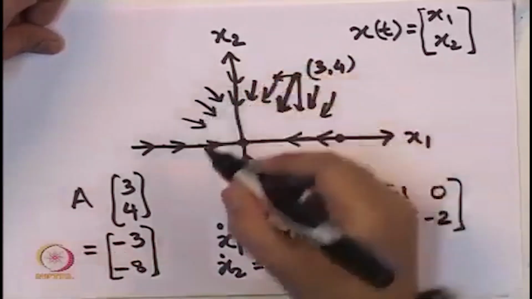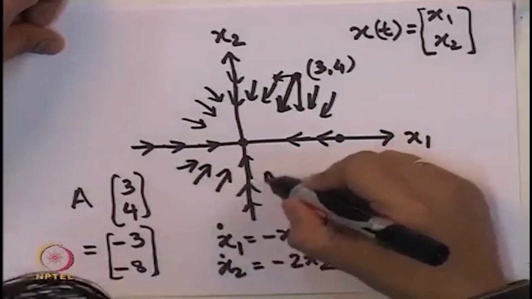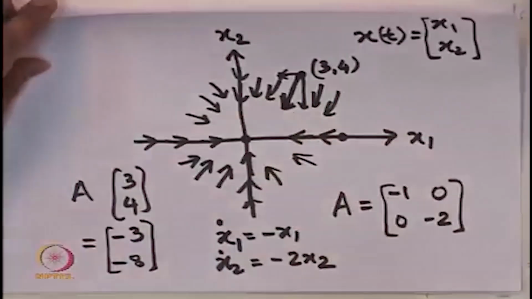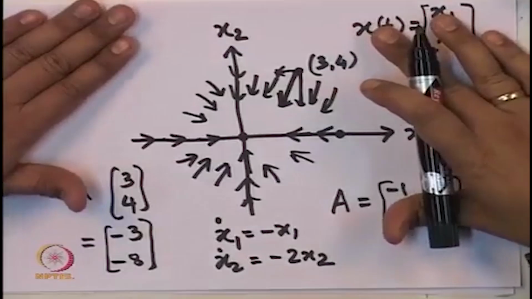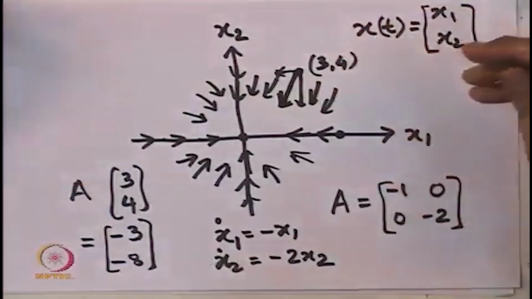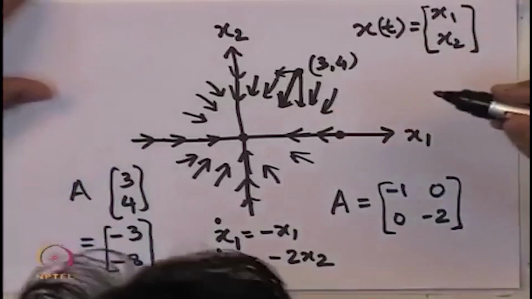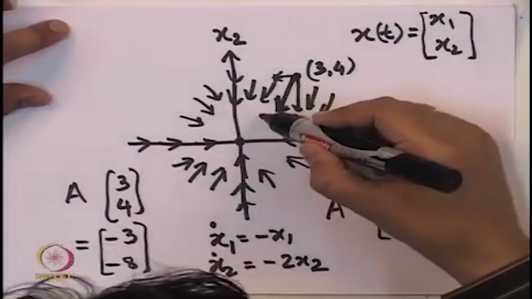So, at any point x1 and x2, whatever components we are given, we can decide where the arrows lie, and this is how we are able to fill the x1 x2 plane, fill the plane R2 with arrows. And we see that for this example, all the arrows are directed towards the origin. Why are they directed towards the origin? At any point, how to draw the arrow?